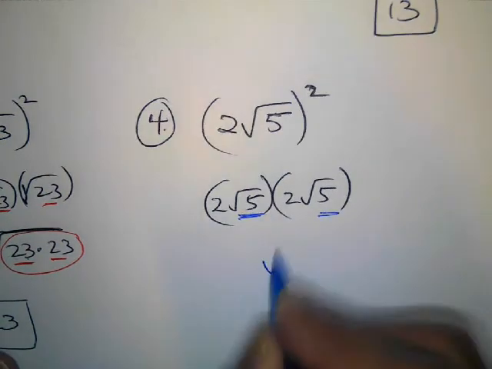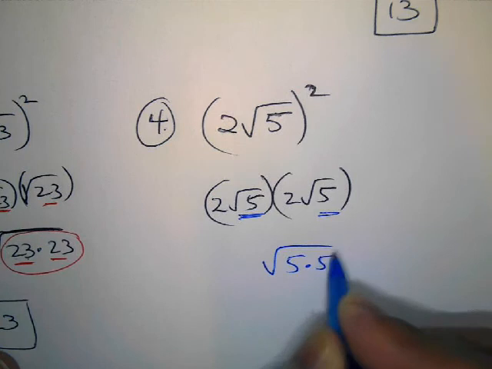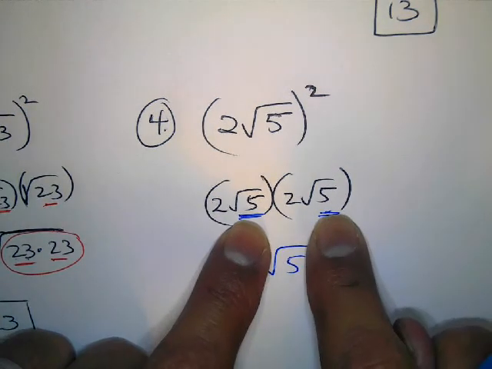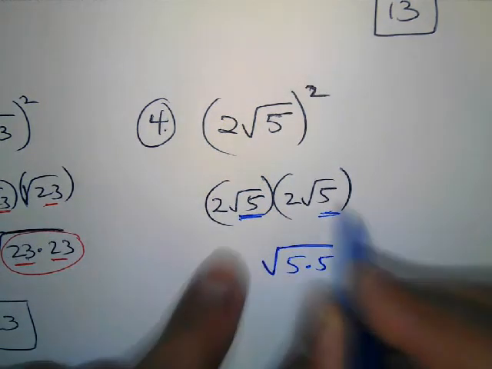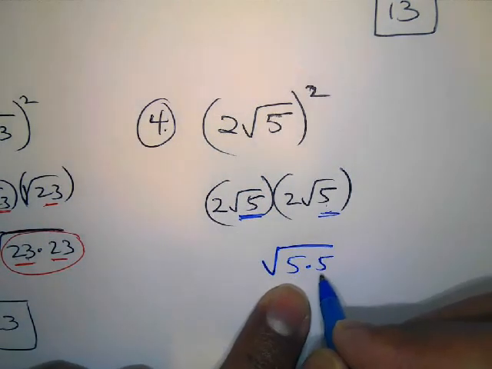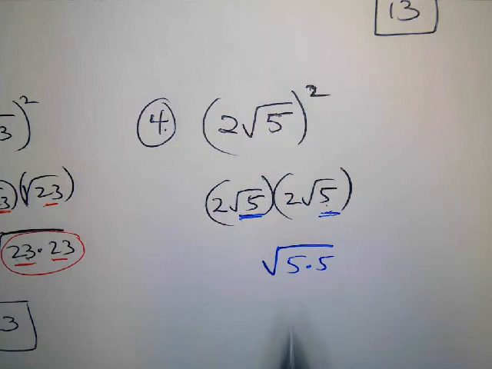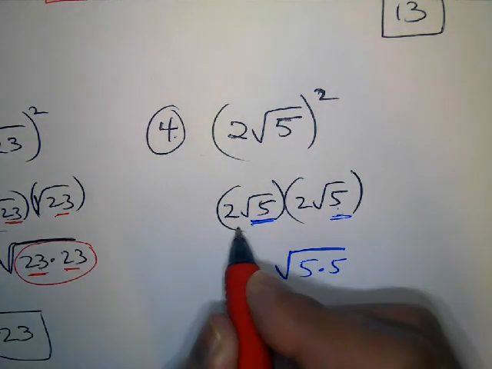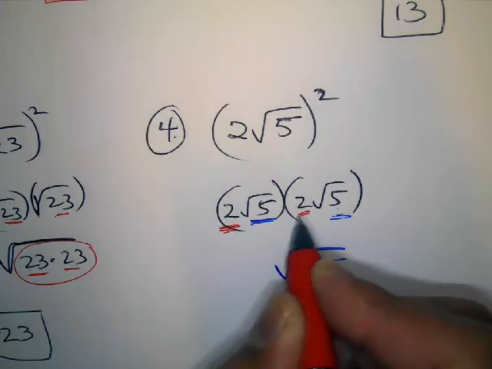I'm gonna do the square root part first. That means there's a 5 and a 5. I'm putting the square roots together. I'm going to multiply this, and the 5 gets multiplied to the 5. Now, how many 2's are there, though? Is there only 1 2?